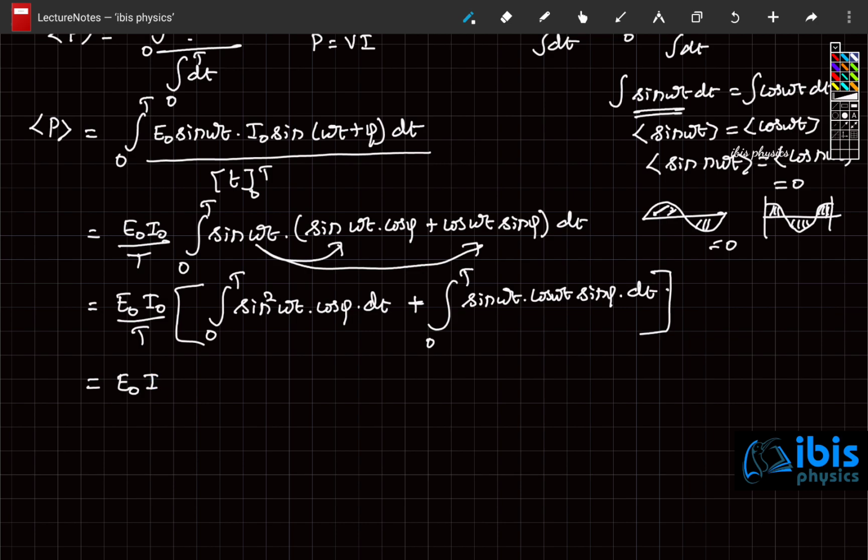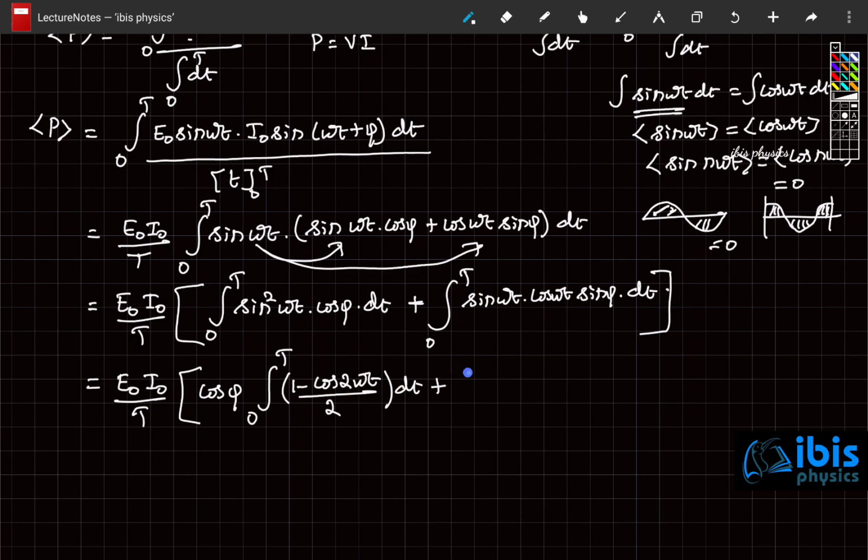E naught I naught by t, integral, cos phi is a constant, I am taking out cos phi, integral 0 to t sine square omega t dt. Sine square omega t is 1 minus cos 2 omega t by 2 into dt. If you don't know this, in the previous video, while finding the RMS value of AC current, we did this formula.